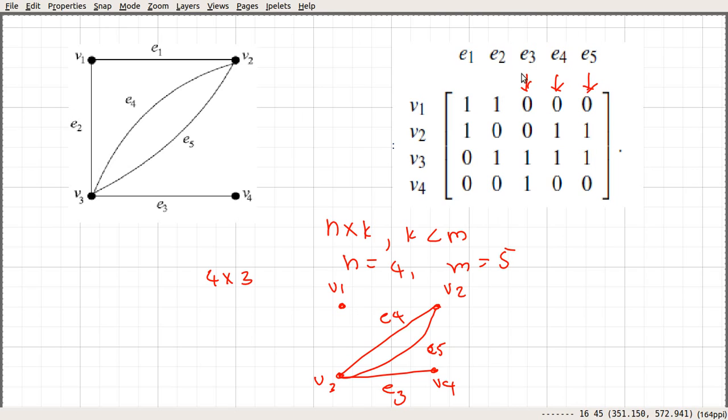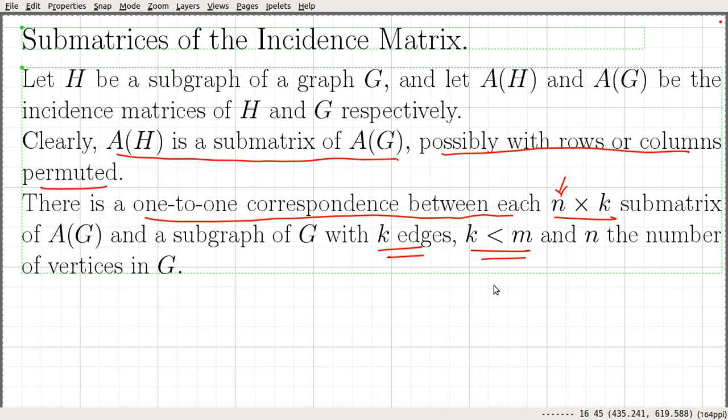So if you consider this particular submatrix, that corresponds to this subgraph of this graph. And similarly, if you consider this subgraph, that corresponds to this submatrix, and this is going to be a one-to-one correspondence. And that's what I said here.